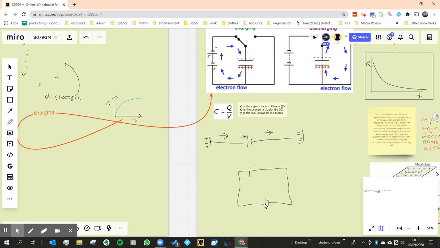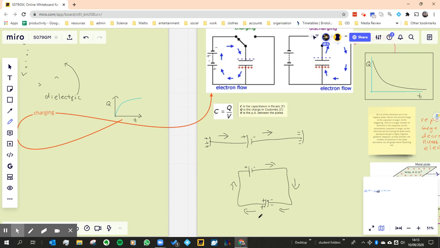This is electron flow I'm talking about, not conventional current. That's the capacitor down there. That's the battery up there. In the same way, this is going to be positively charged and that's going to be negatively charged, but the capacitance will be larger.